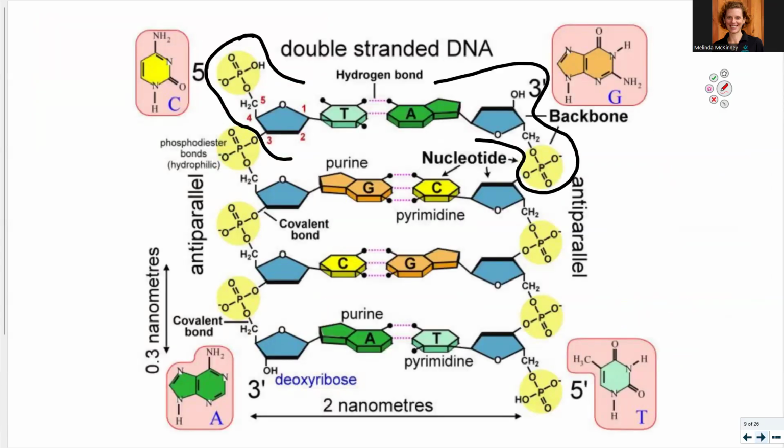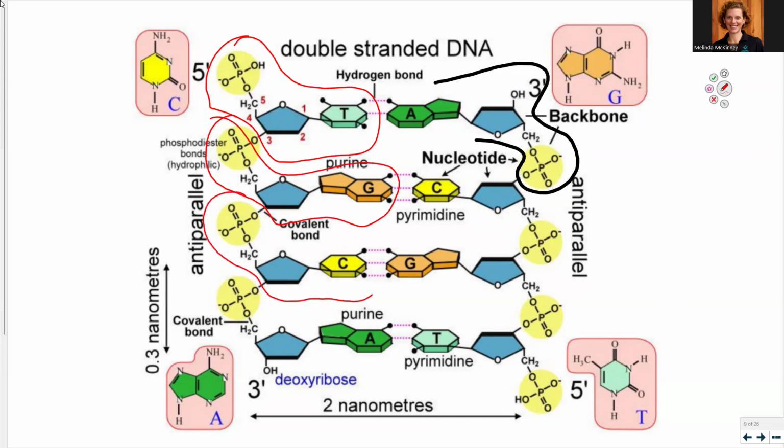This looks busy, but we've just looked at the building blocks. So you can see up here, here's a nucleotide, upper left, right? Below it, another nucleotide. Each nucleotide consists of a phosphate group, a sugar, and a nitrogenous base, right? They're linked together with the phosphodiester bonds, okay?